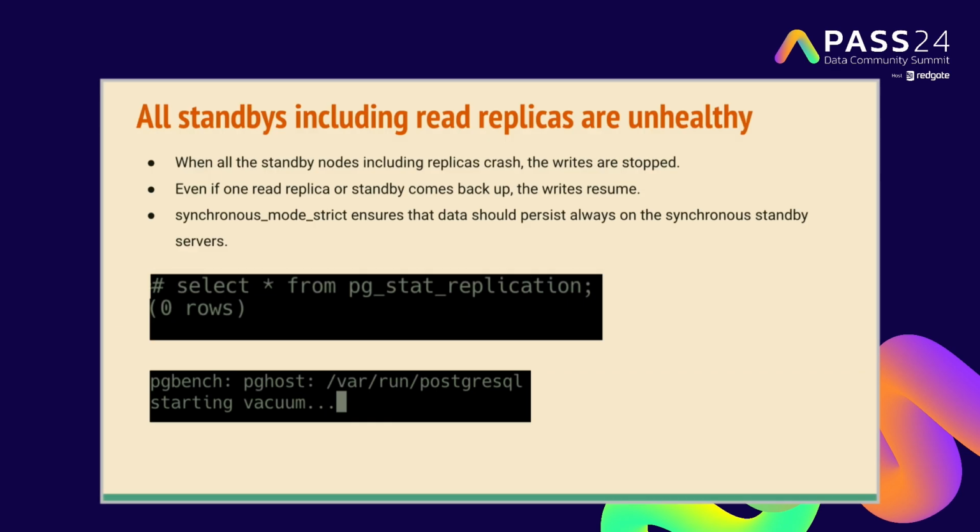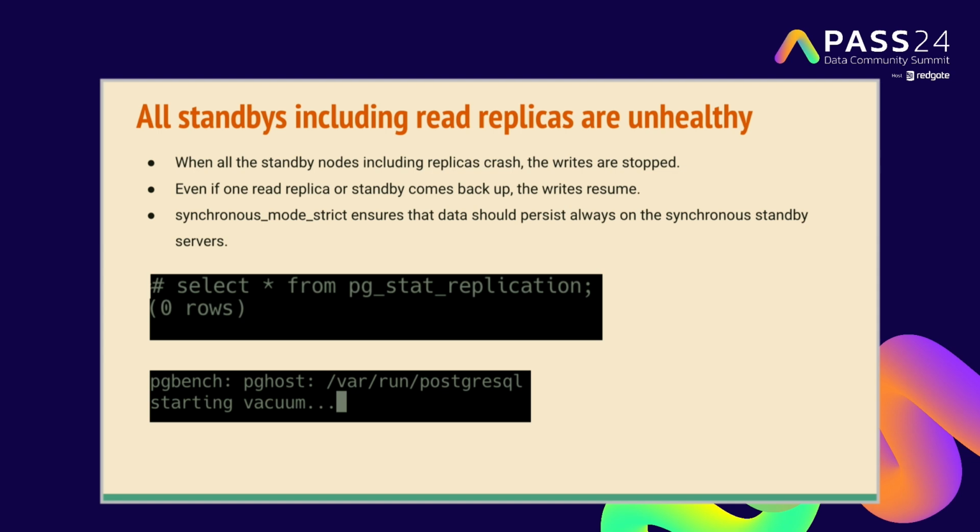So what happens when all standbys, including the read replicas, crash? In this case, there are no followers. With synchronous mode strict enforced to true, the primary server has to wait for an acknowledgement from one of the followers. Since all the followers are unavailable, the writes are stopped at this point.